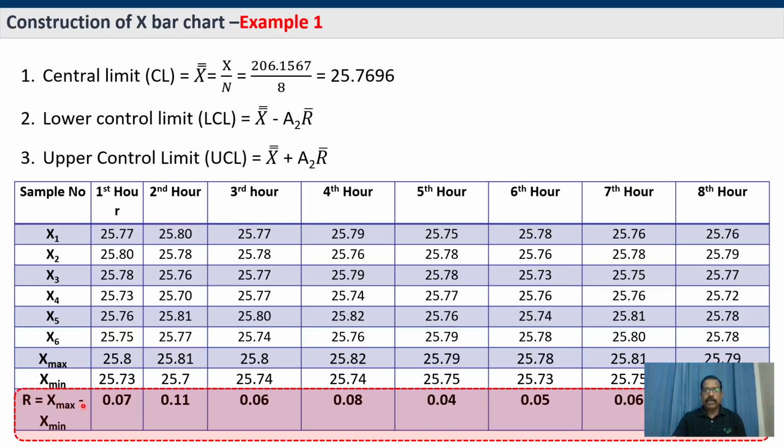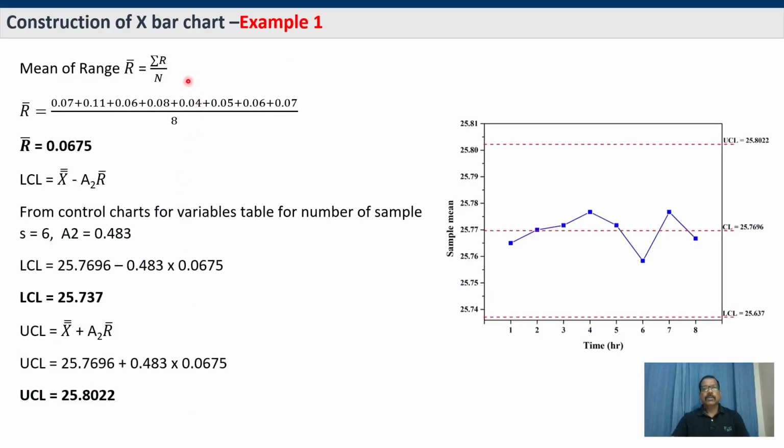Once you have R, summing up all of them, you get R bar: summation of R divided by N. Once you know R bar, again you can calculate LCL and UCL, and draw the control chart with the central level, upper control limit and lower control limit. All the plots you can draw. Okay, so this is your X bar chart.